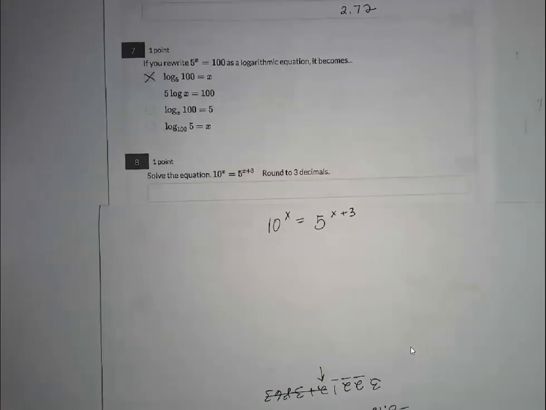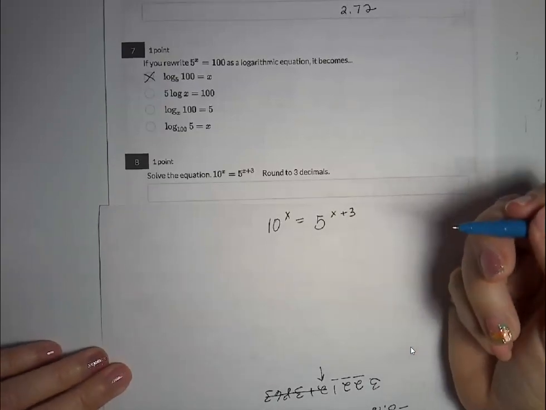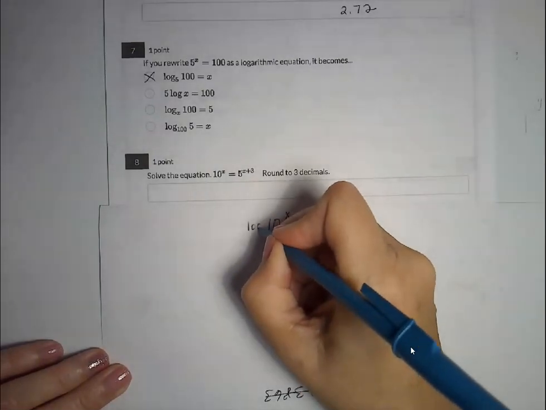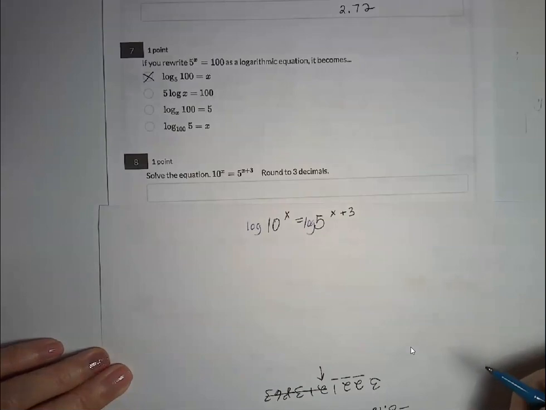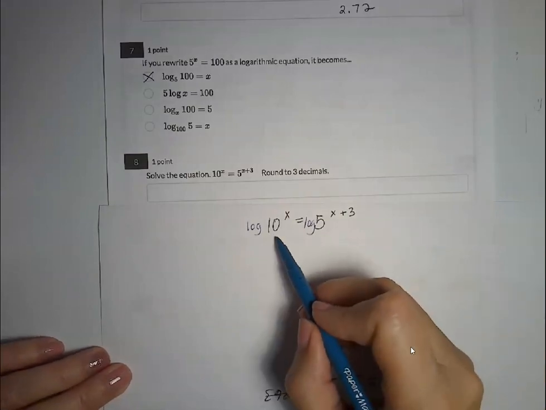So let me get a different colored pen. If I were to take the log or the natural log, it wouldn't matter, of both sides, then all I need to do is use my power property.